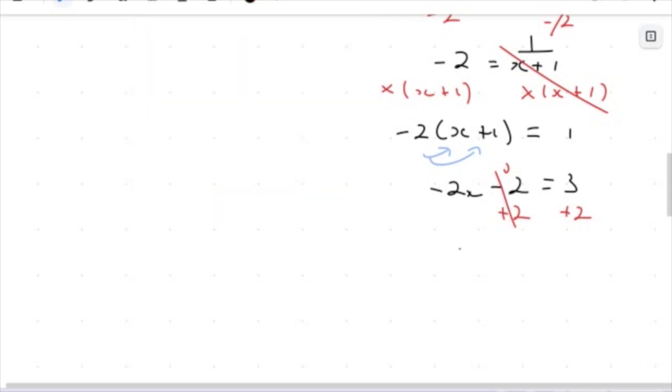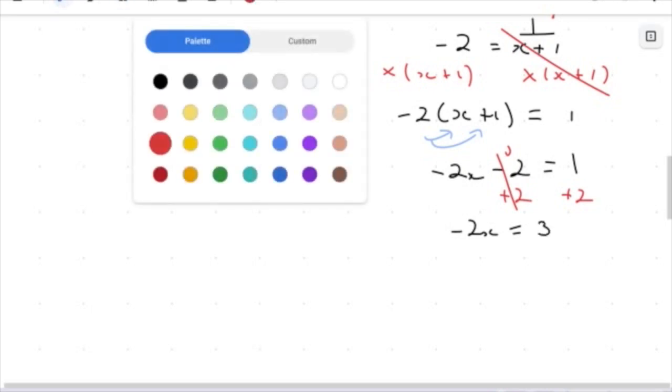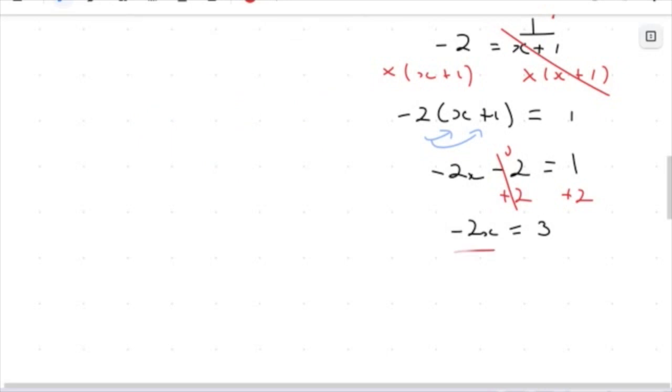Oh, whoops, sorry. This is meant to be a 1. Adding 2 to both sides gives me 3. And dividing both sides by -2 is going to give me my x on its own. So I therefore get x, my x-intercept is -3 on 2.